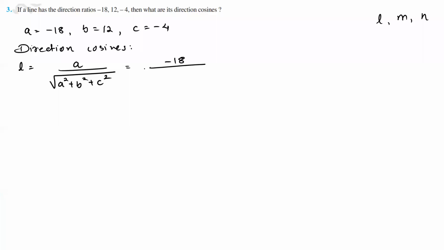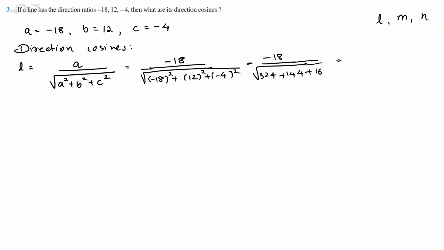So it's the root of minus 18 square plus 12 square plus minus 4 square, which is 324 plus 144 plus 16, that is 484, which is the square of 22. So L is minus 9 by 11.